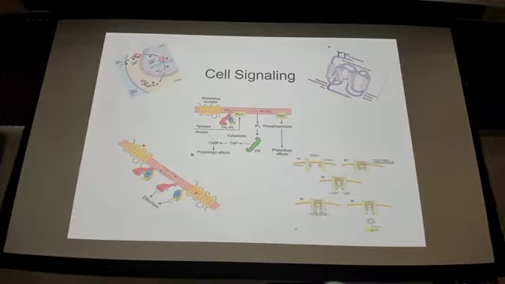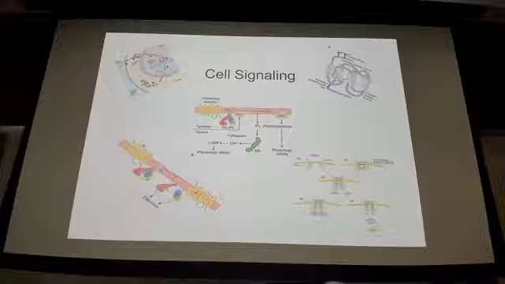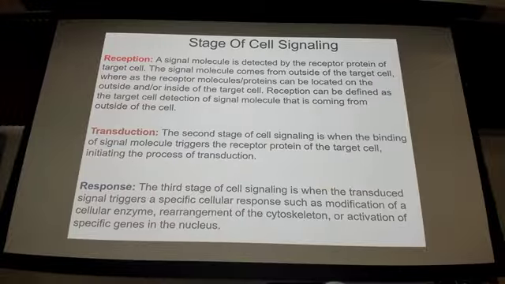Right now, we're gonna switch gears and talk about cell signaling. This is how messages are transferred or transported from outside of a cell into the internal portion of the cell. There are 3 stages of cell signaling: reception, transduction, and response. Reception is the process in which a target cell detects a signal molecule from the outside of that cell, using a receptor protein located on the cell surface.